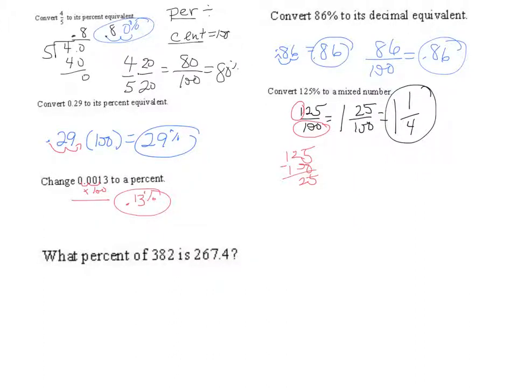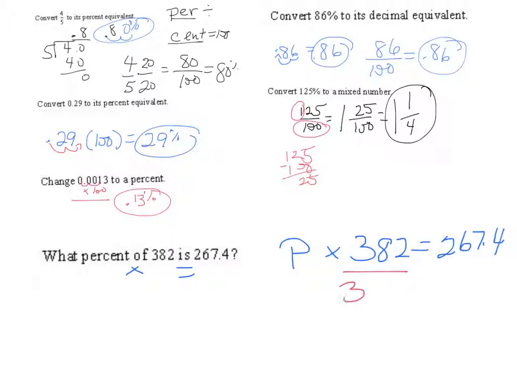What percent of always means times, 382 is, always means equals, 267.4. So to undo times, I'm going to divide both sides by 382.